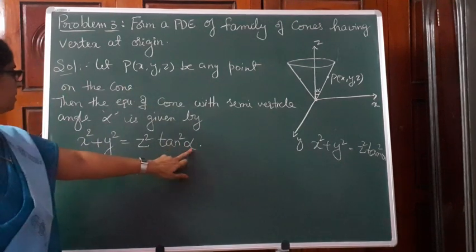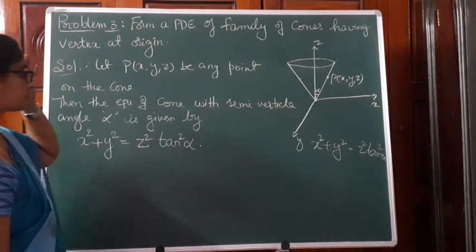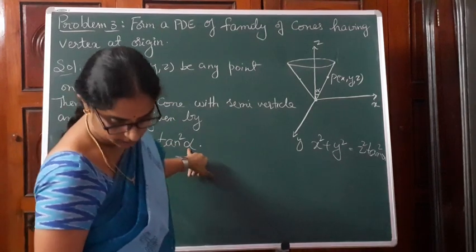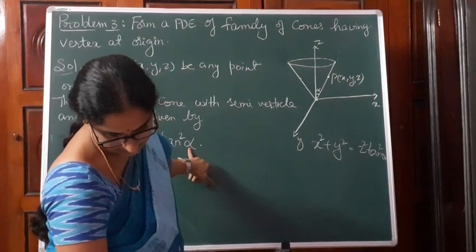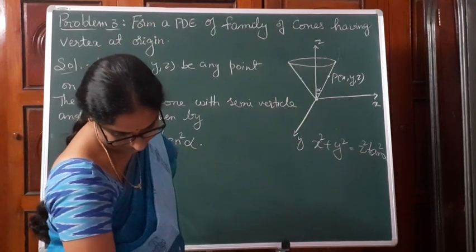So here alpha is the arbitrary constant here.